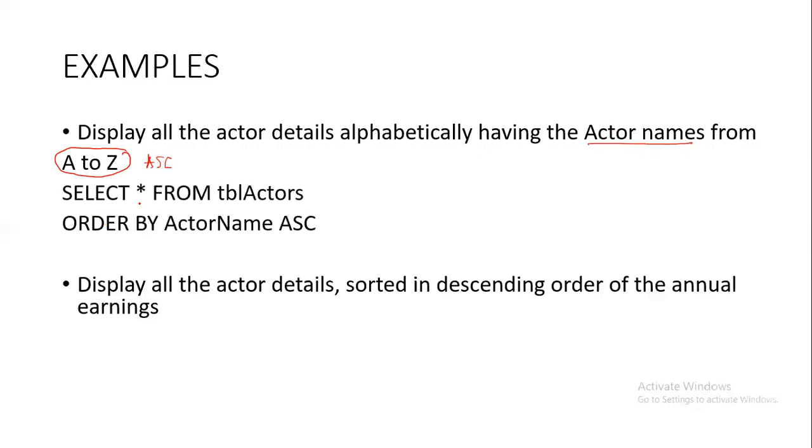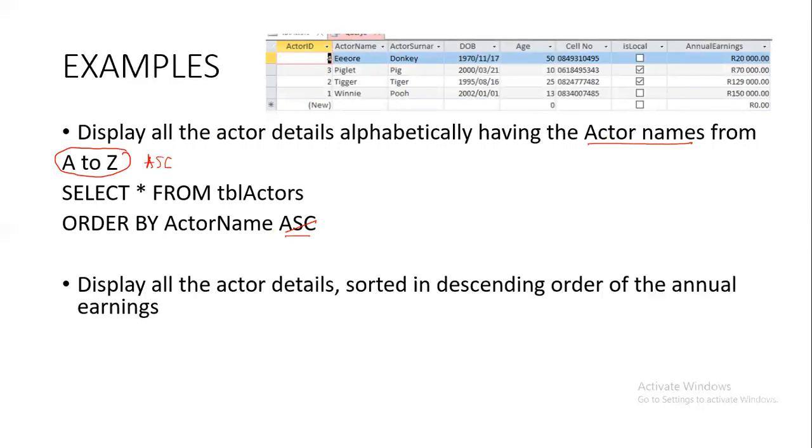So we would say select star from TBL actors, order by actor name, ASC for ascending, or we could even omit that and it will automatically display in ascending order. That is the same as we had in the first example.